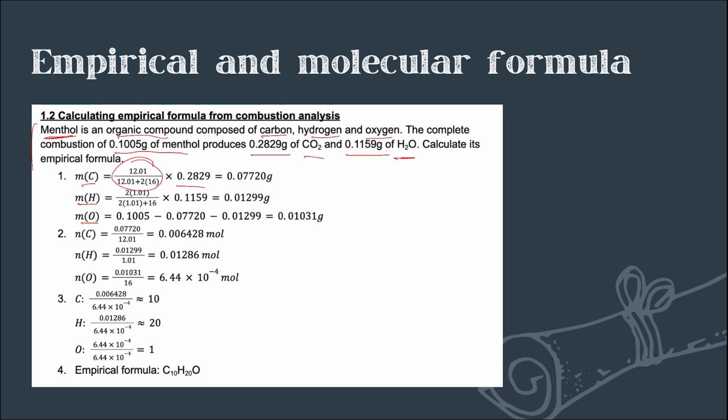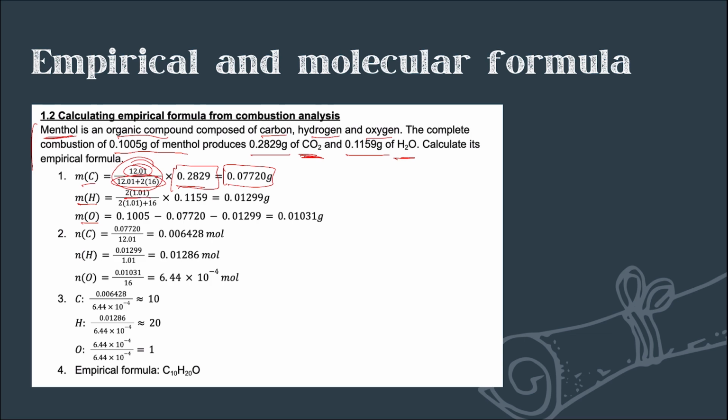So the molar mass of CO2 would be 12 plus 2 times 16. And the AR of carbon on its own is 12.01. So that is the proportion of carbon in this compound. If I multiply that by the mass of this compound, I should get the mass of carbon only in this compound. We can do the same for hydrogen.